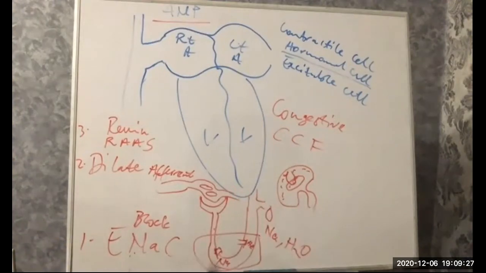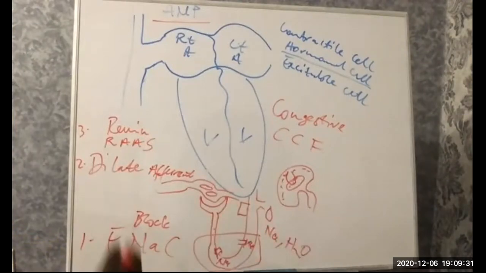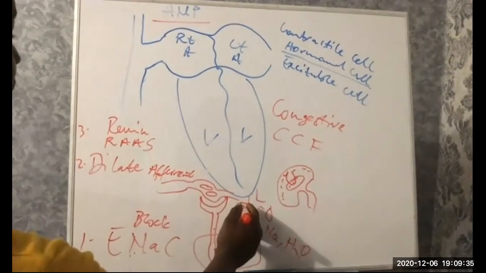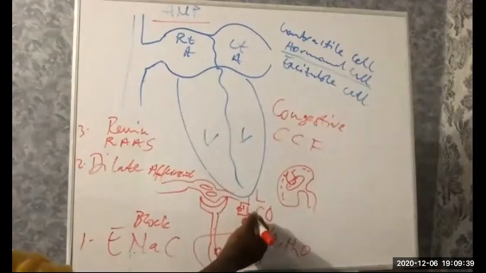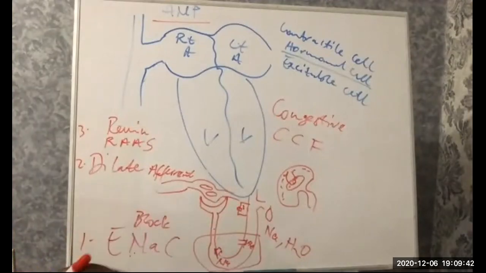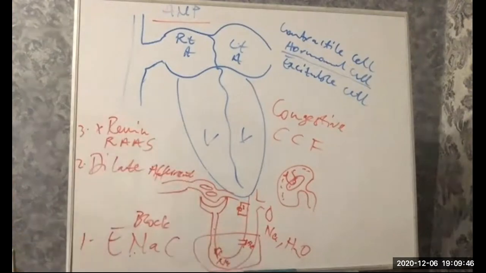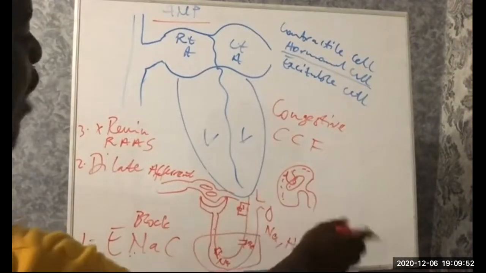Because it is at this point that the aldosterone will go inside the cell, then regulate the sodium potassium pump, to allow reabsorption of sodium and water and excretion of potassium. But once it inhibits the release of renin, this whole process will not occur. So sodium and water will not be reabsorbed and will be allowed to be excreted.